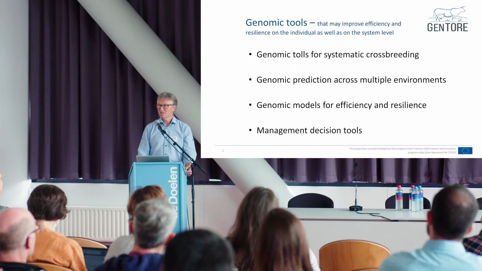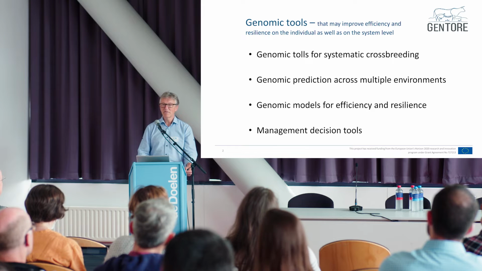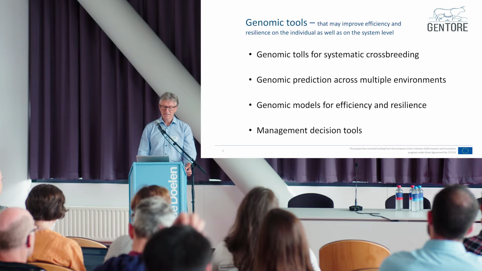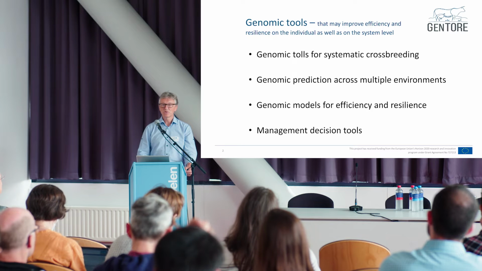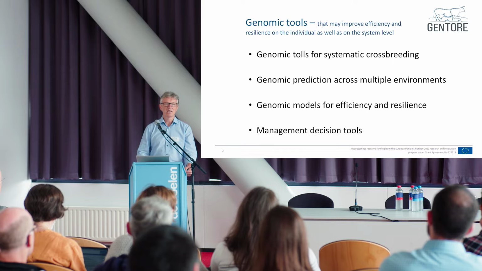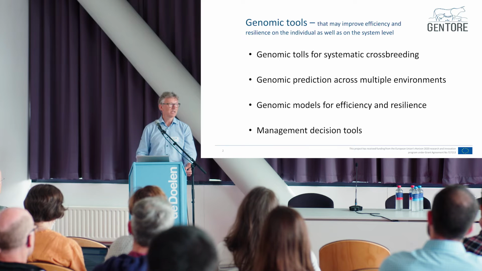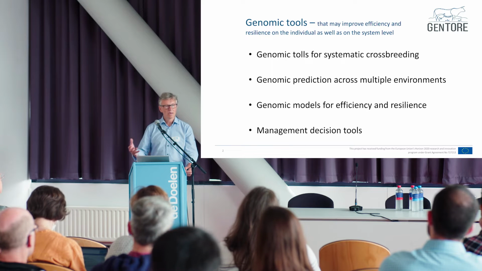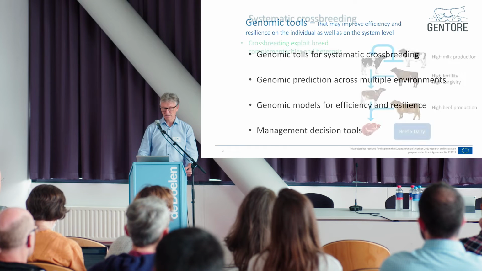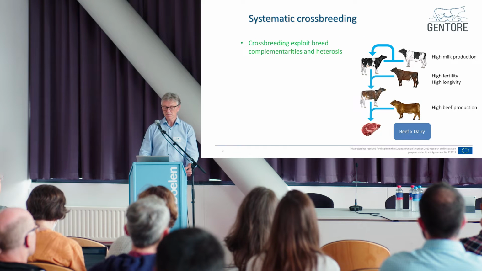Then genomic prediction across different environments, and genomic models directly for the traits of efficiency and resilience. And also some management tools to let farmers decide the fate of the cows and the animals in the systems, to give them a more efficient and resilient system in general.